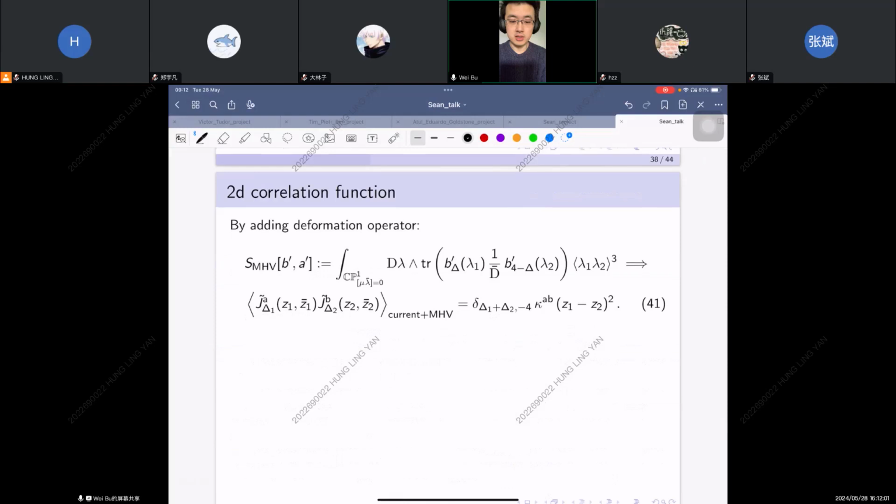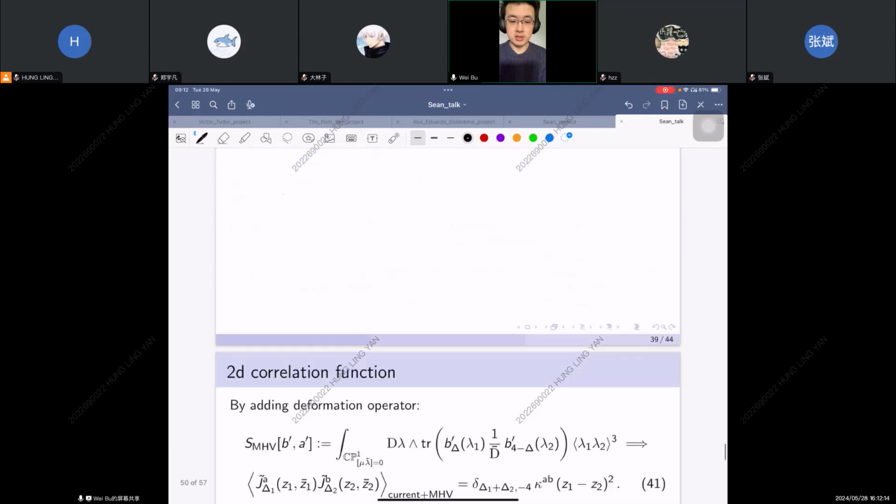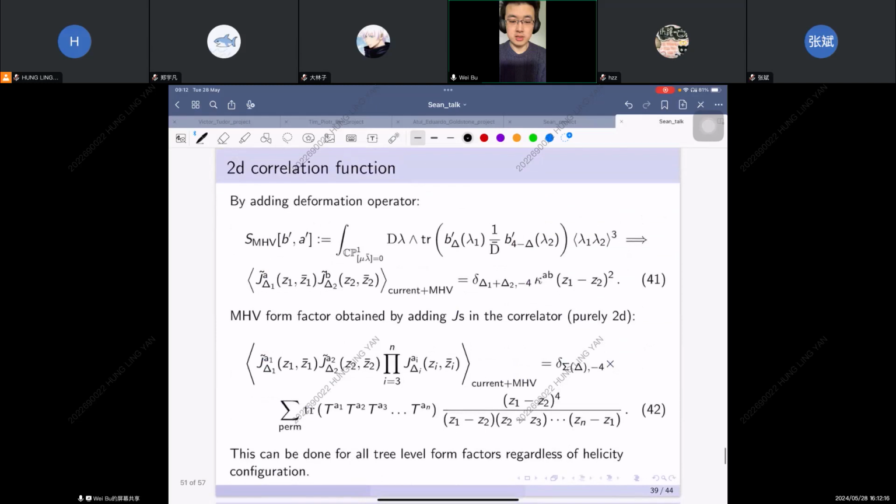So to get things more juiced up, we need to deform the 2D CFT. And we write down deformation operators, which are marginal for it. And this sources 2-point functions in the CFT. You can compute it, and you find things like this. And because of the OPEs, with this 2-point function, you can keep building up multi-particle, multiplicity conformal correlators.